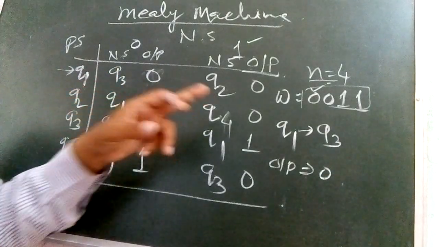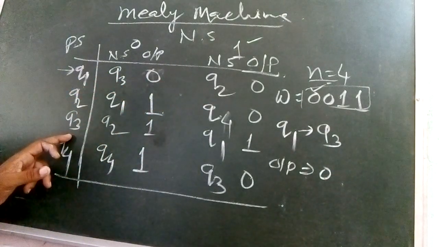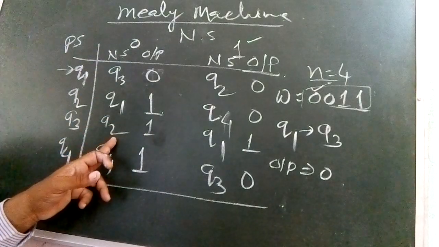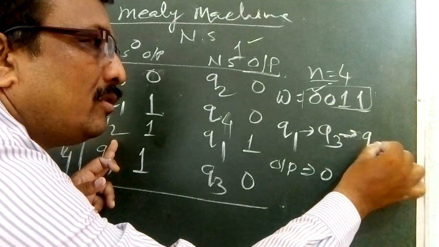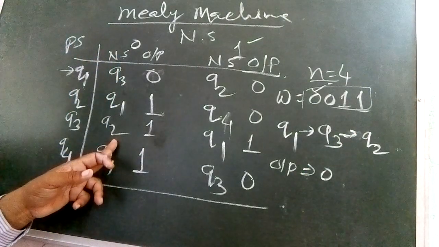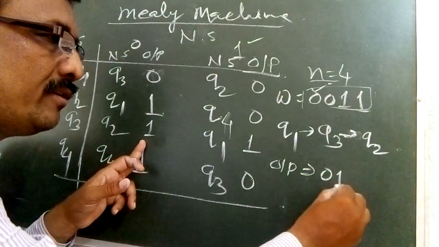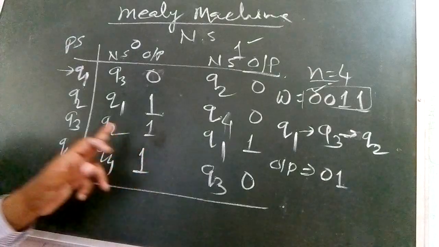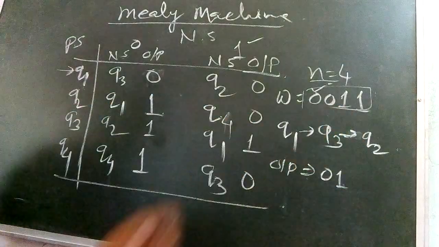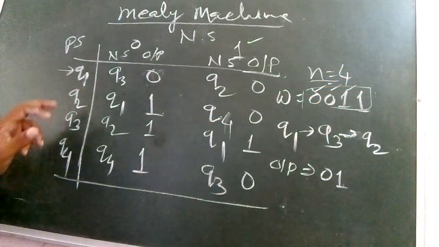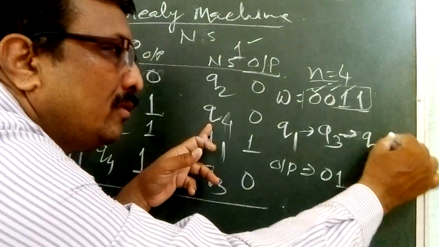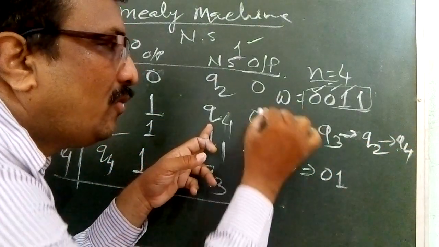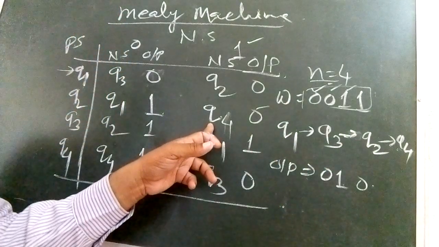From Q3 for input 0, it will go to Q2 and output is 1. From Q2 for the third input 1, it will go to Q4 and output 0.